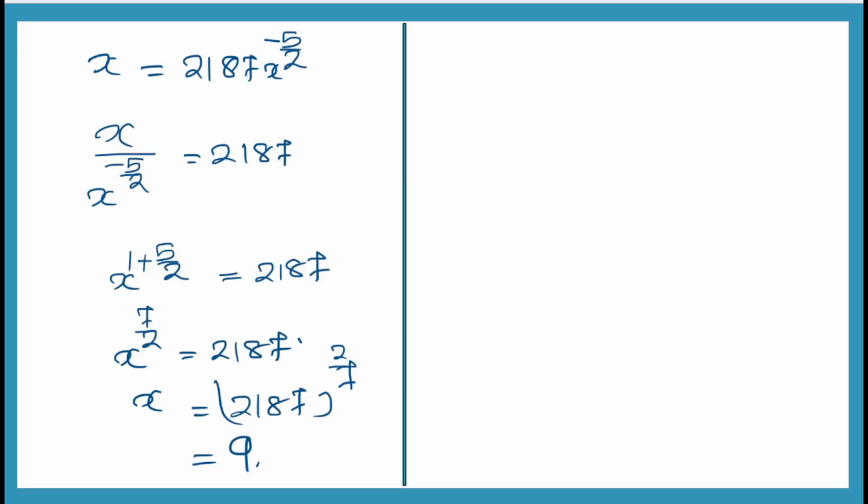Now substitute the value of x equal 9 in the equation y equals 1 by 2 x square minus 1458 times x to the power minus 3 by 2 minus 74.